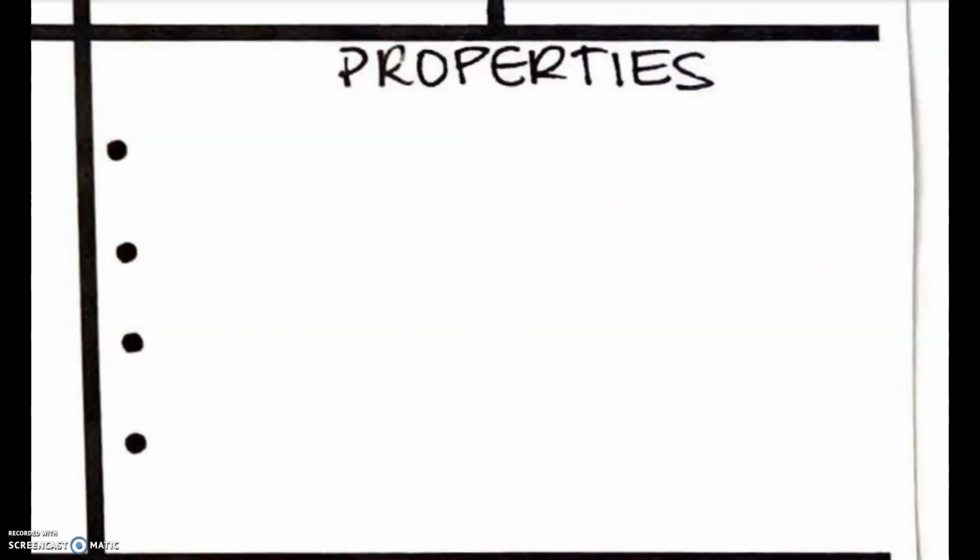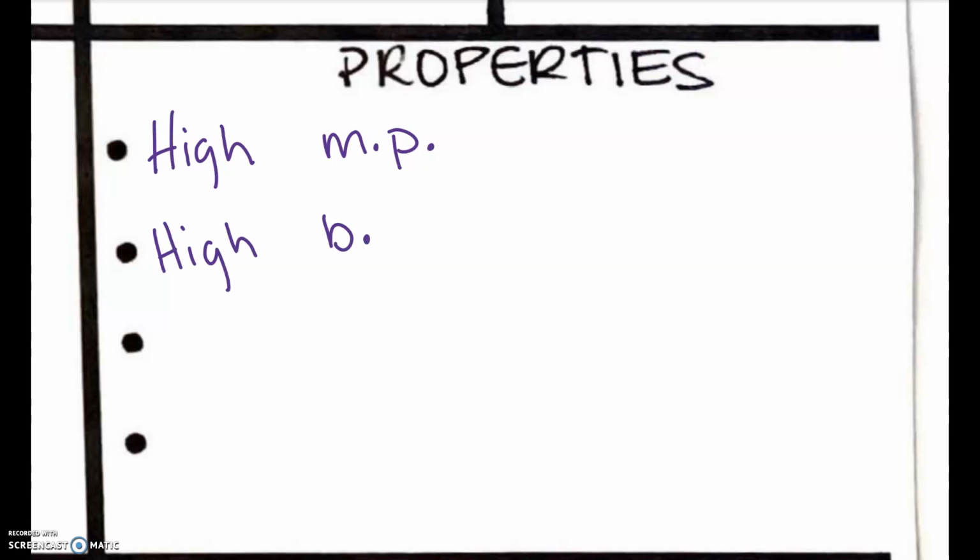The properties of metallic compounds, or metals, are that they have high melting points and high boiling points. I'm just going to use MP as an abbreviation for melting point, and BP as an abbreviation for boiling point.